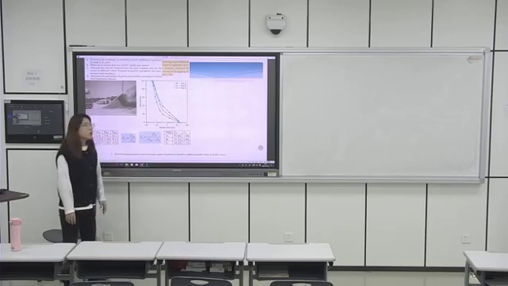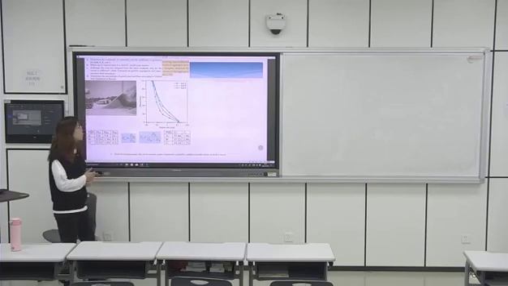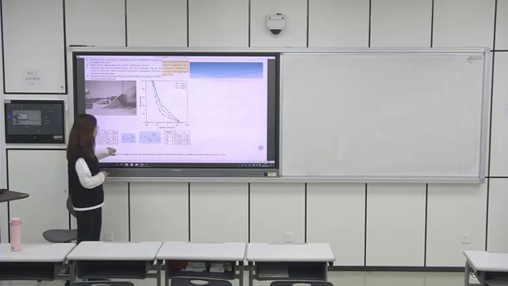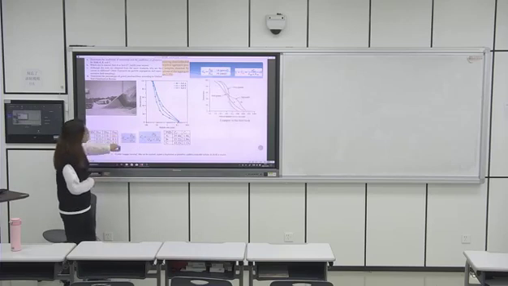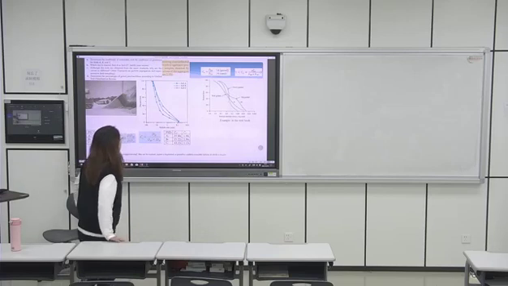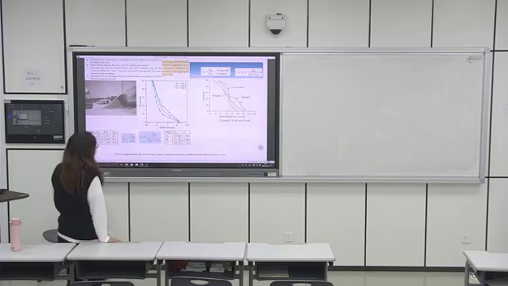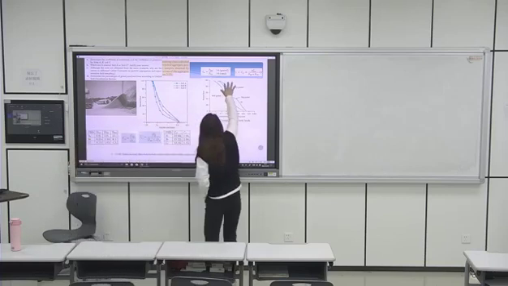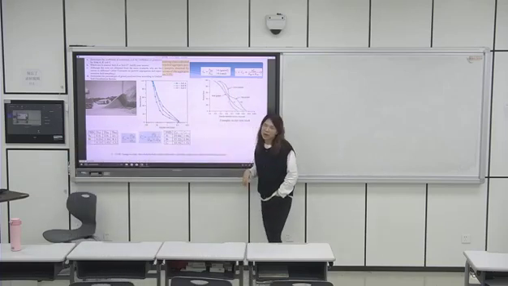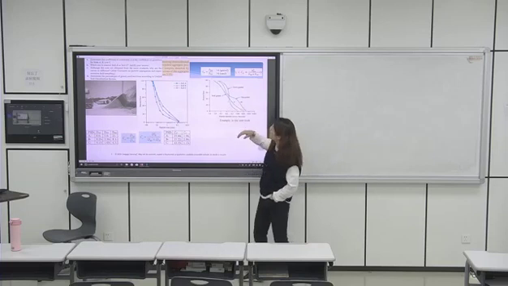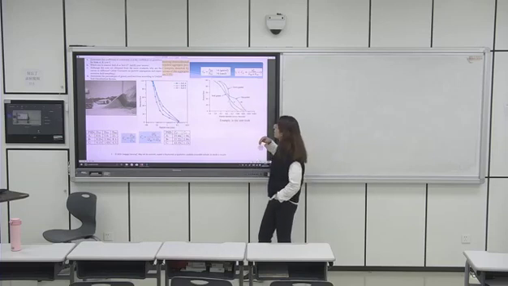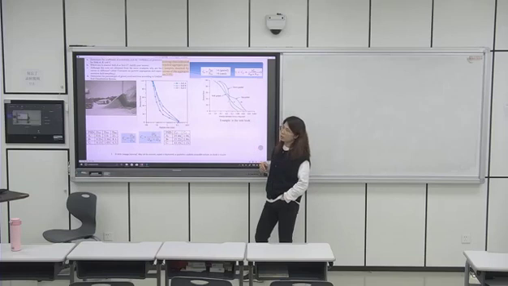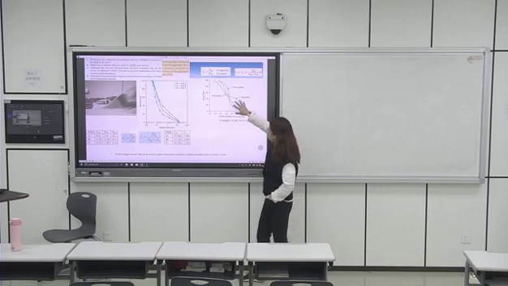And finally, we need to define whether soil A, B, and C are well-graded. So we say that for a soil, if Cu and Cc satisfy these two conditions, we say that soil is a well-graded soil. If not, it is a poorly graded soil, like this, right?